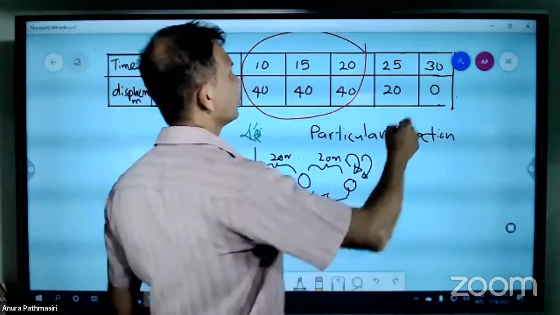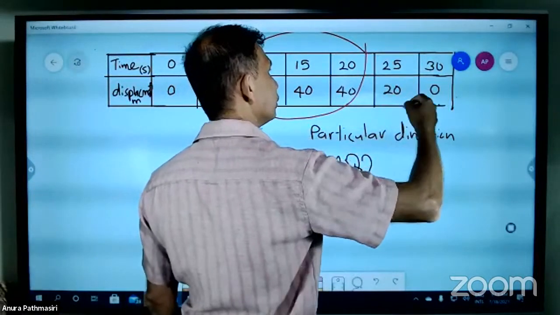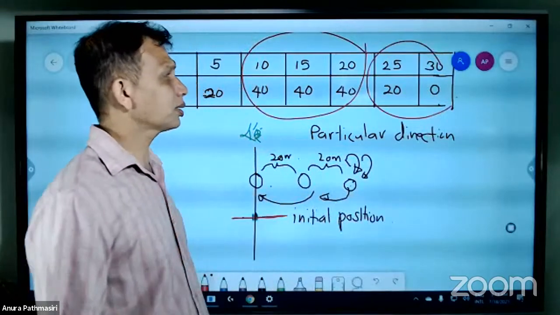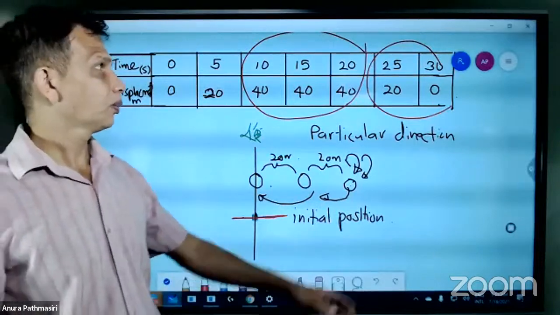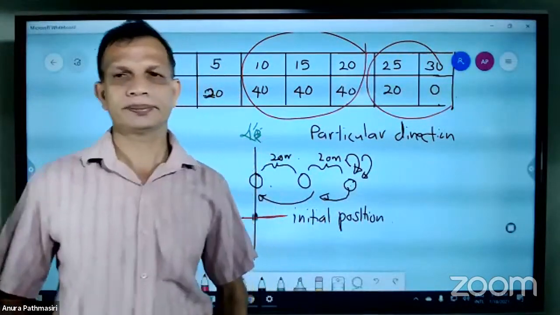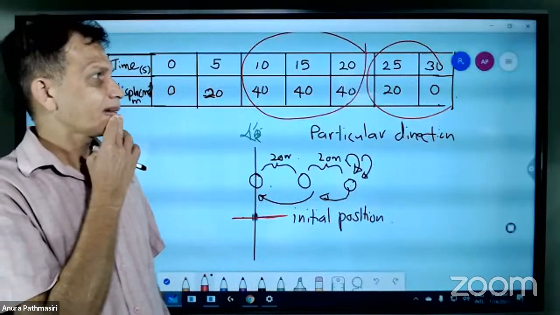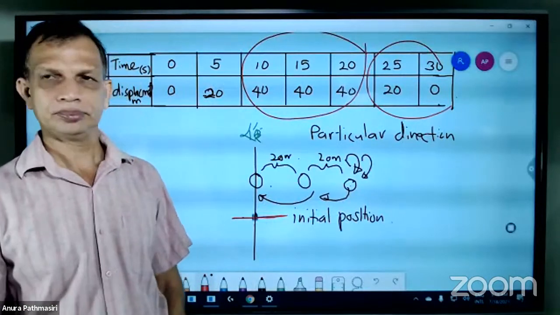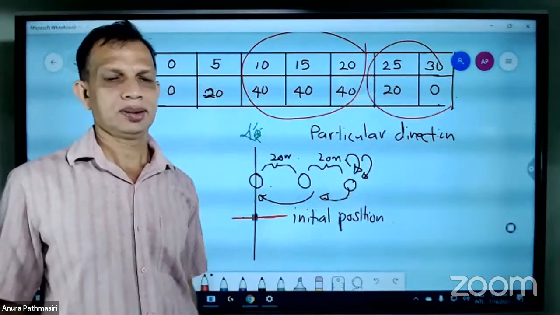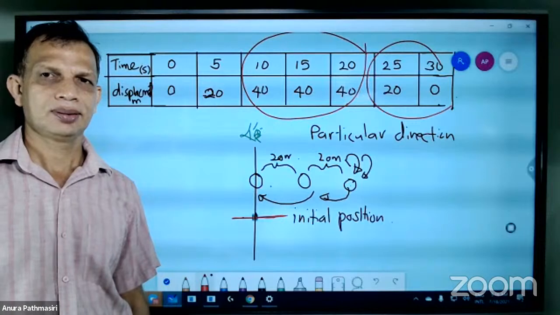What can you tell about the motion from 20 to 30 seconds? Yes? Uniform velocity.